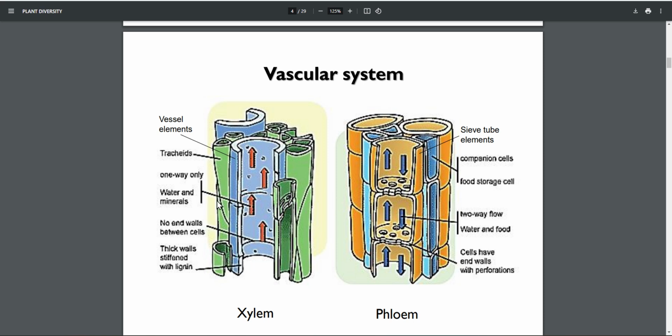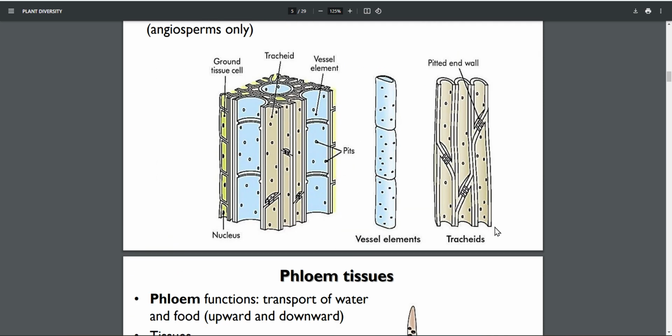They do not have end walls, but phloem cells do. Sieve tube cells have end walls, and they're alive, but they don't have many organelles. They rely on the companion cells, which give them food and remove their waste, and just general living is done by companion cells instead.